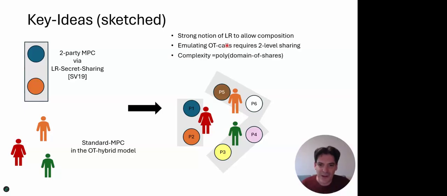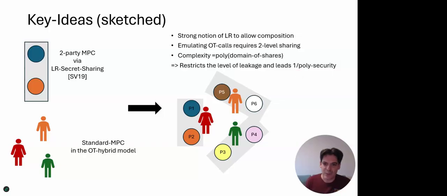And eventually, this compilation of OT calls leads to a complexity which is polynomial in the size of the domain of the shares. And for this reason, we're restricted only to a relatively low level of leakage and to this one over poly security. So it will be very interesting to get rid of this limitation.